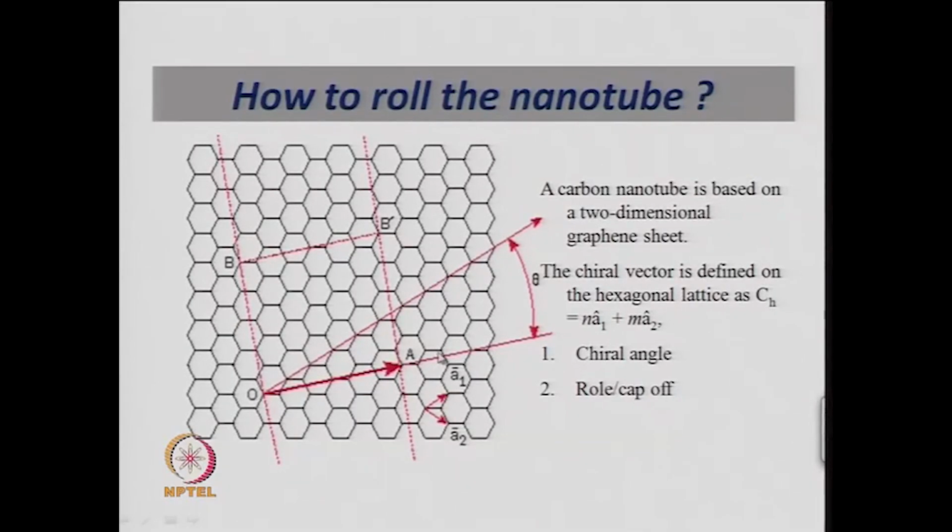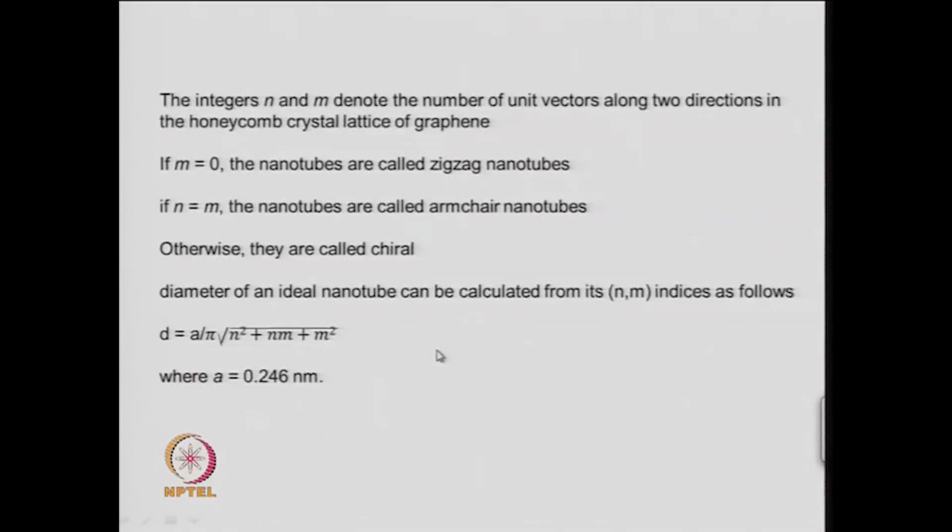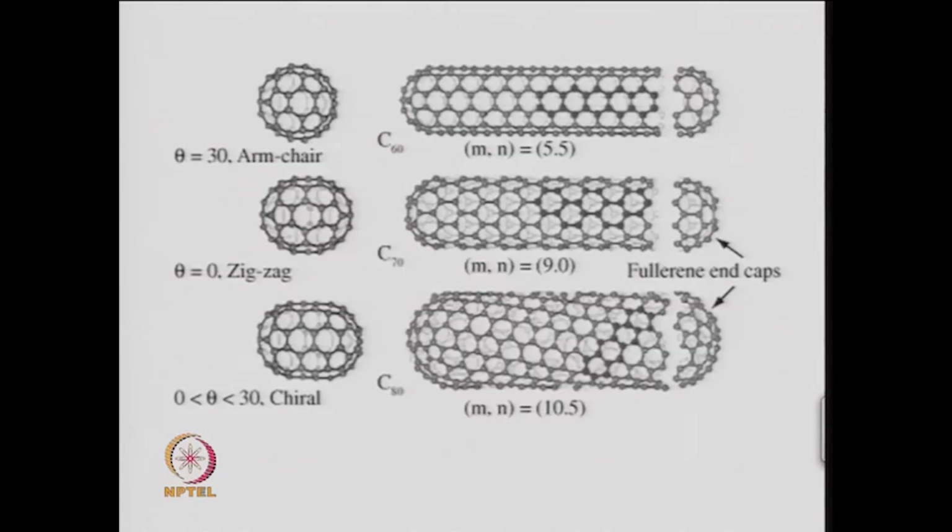If you measure this distance, that is equal to 2.46 angstrom or 0.246 nanometers. So, that is the value of a. If you use that value and you know what is n and what is m, you can calculate the diameter of any nanotube.